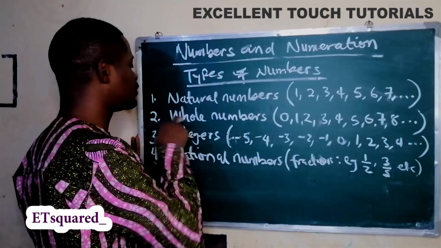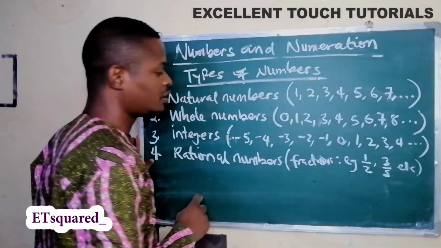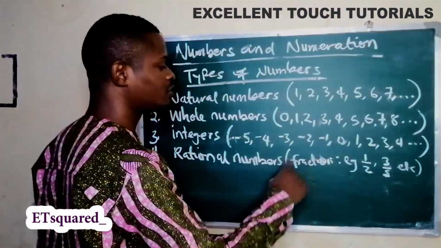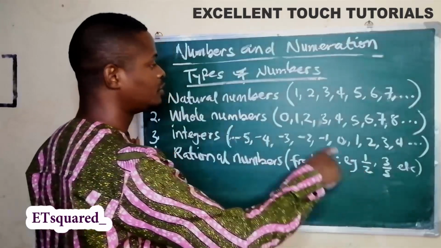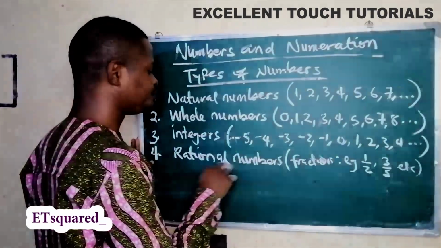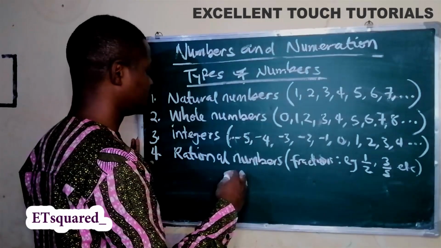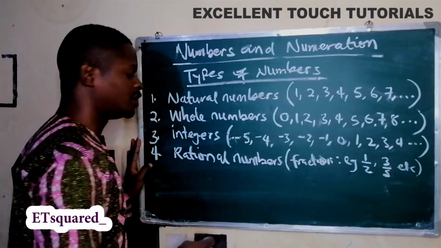And all integers, all whole numbers, all natural numbers are contained in rational numbers. Because rational numbers are numbers you can write in form of fraction. And here you're having 1/2, and 1 is right there, 2 is also right there. So the combination of natural numbers or whole numbers or integers will give you rational numbers.